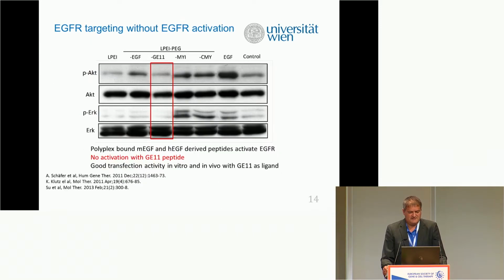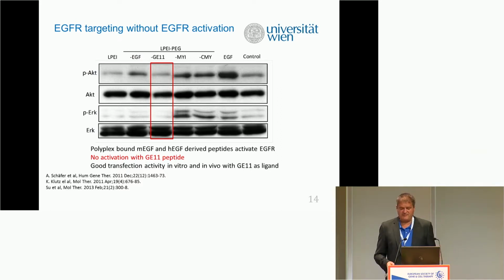And we could demonstrate that such particles, here with this peptide, and here is such a gene transfer particle with EGF as a ligand. Here with EGF you have activation, so you have phosphorylation of AKT. Here you do not have phosphorylation of AKT or ERK.